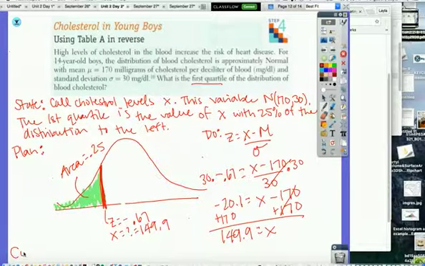The last part we need to do is conclude. To conclude, we tell what our answer means.